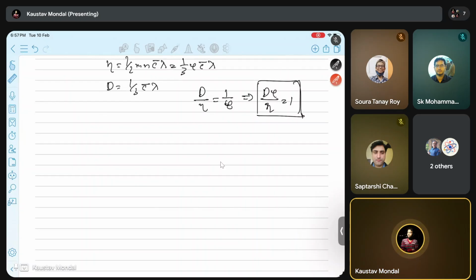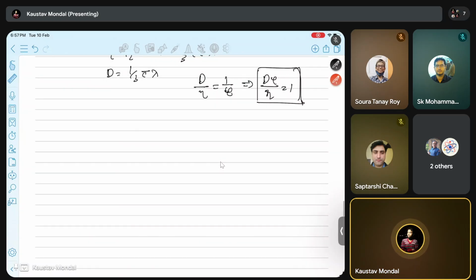Okay, the next thing is molecular effusion. Molecular effusion is, suppose in a container you make a very small hole in the container.